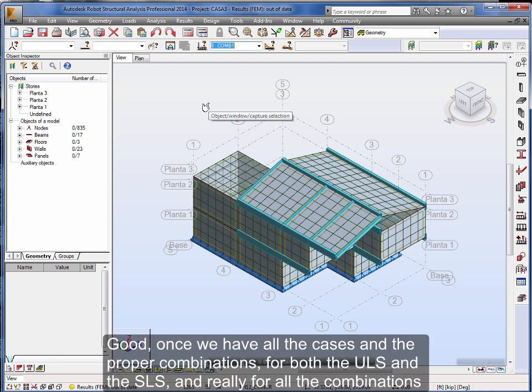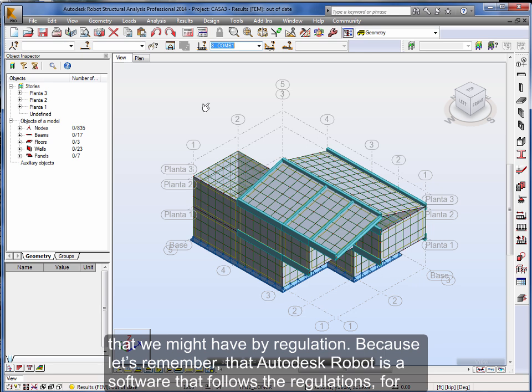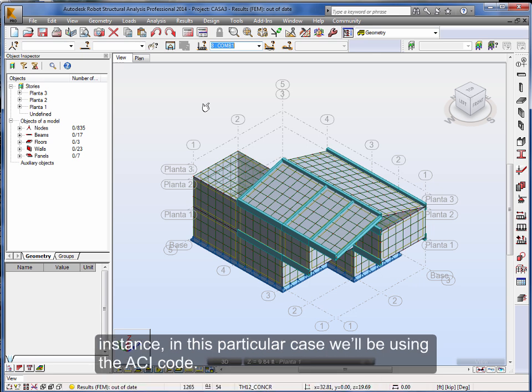Good. Once we have all the cases and the proper combinations, for both the ULS and the SLS, and really, for all the combinations that we might have by regulation. Because let's remember that Autodesk Robot is software that follows the regulations. For instance, in this particular case we'll be using the ISA code.